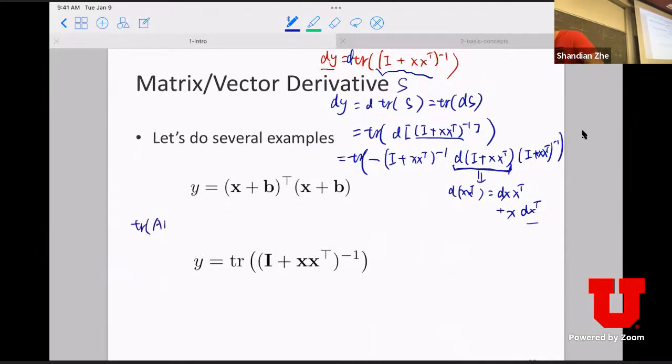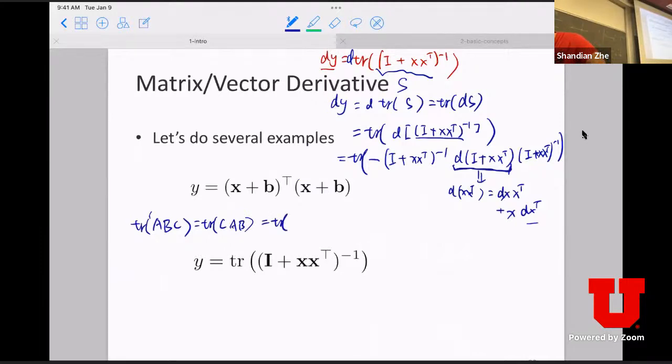If you do the trace of the product of 3 matrices, by default we assume all those matrices are consistent in size in a product. So this is equivalent to rotating this multiplication. You can move C to the front, so trace ABC becomes trace CAB, and then you can move B to the front.